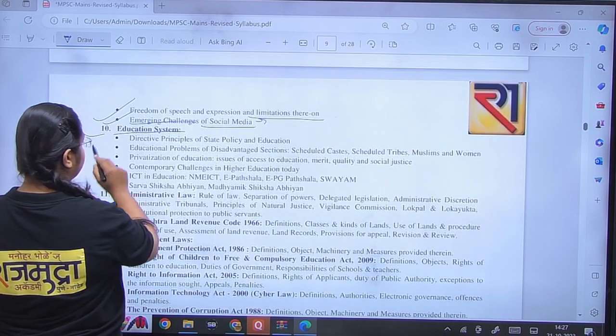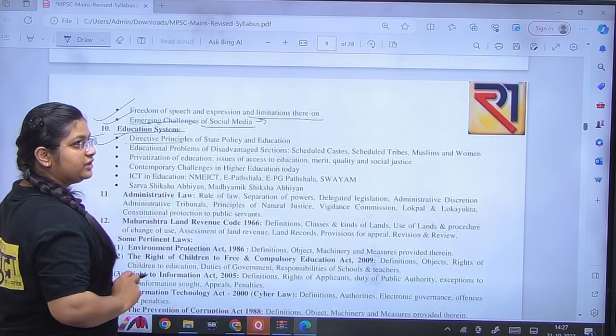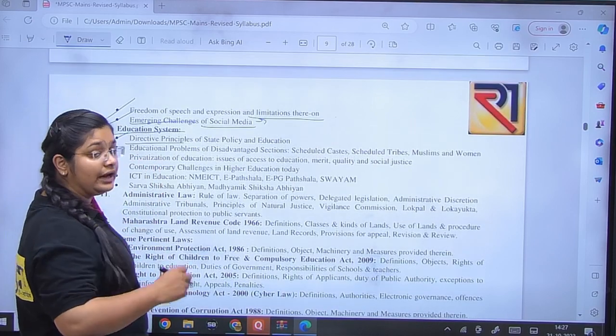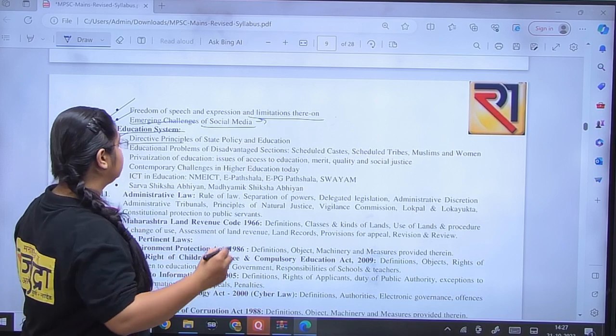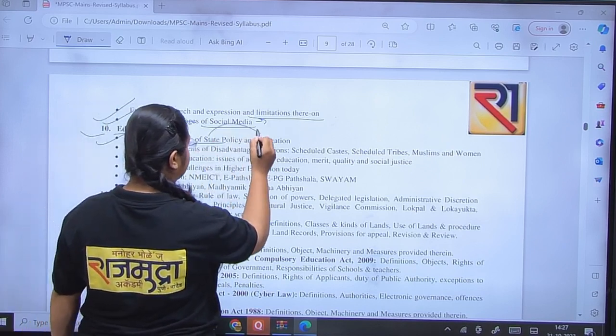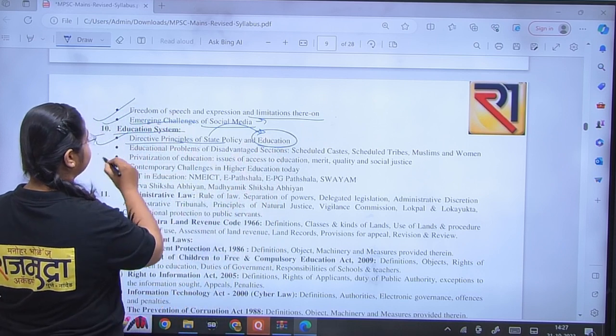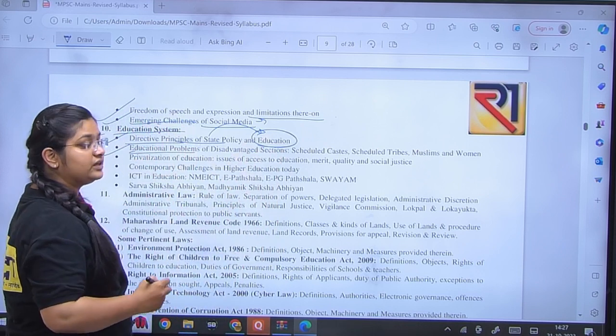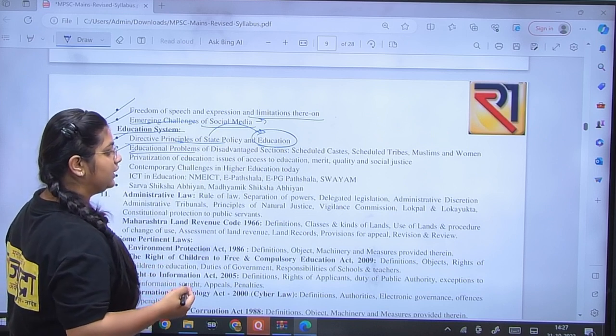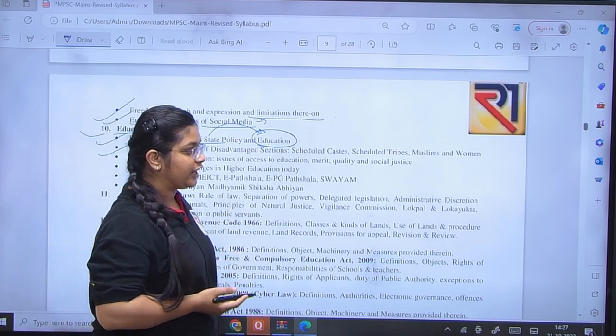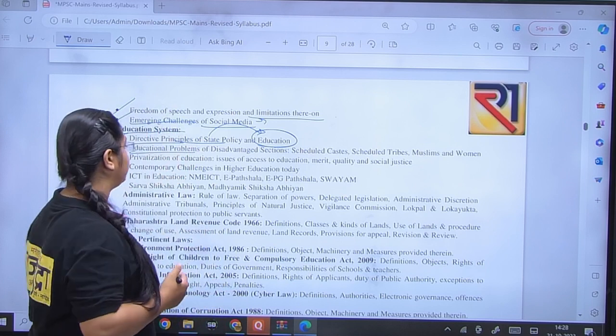In the education system, we have to see the directive principles of state policy and education. What directive principles are given in our Constitution about education? Next, educational problems of disadvantaged sections like Scheduled Castes, Scheduled Tribes, Muslims and women.